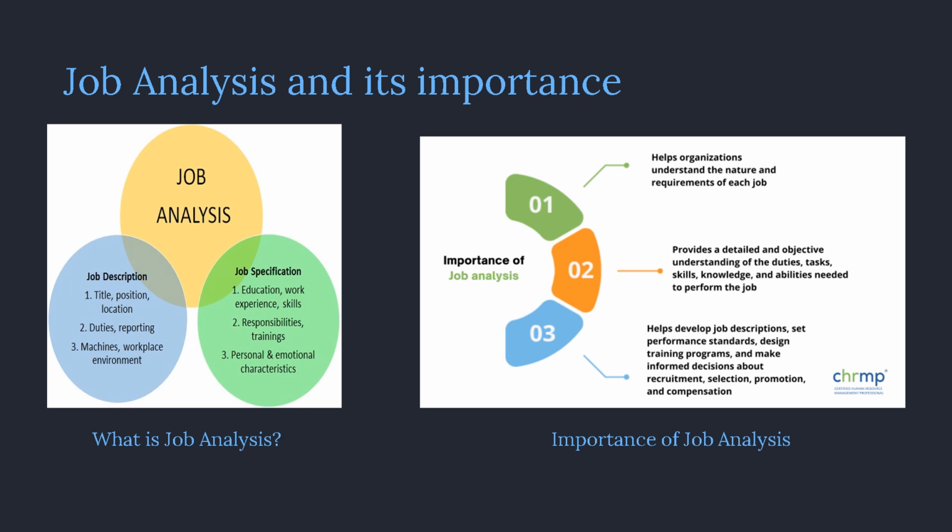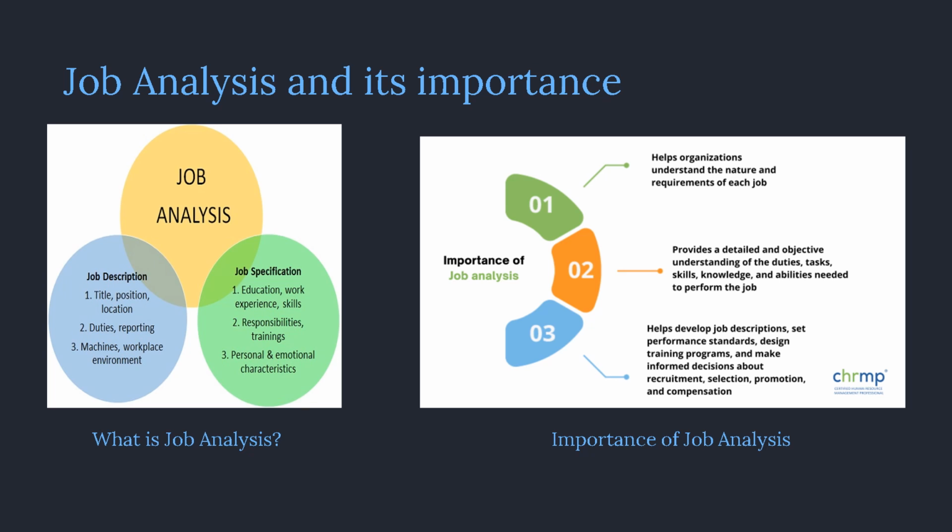Under the umbrella of HRP comes job analysis. As the term itself suggests, analysis is a term frequently used in research. Research is to find out something you don't know, a problem for which you are finding solutions.